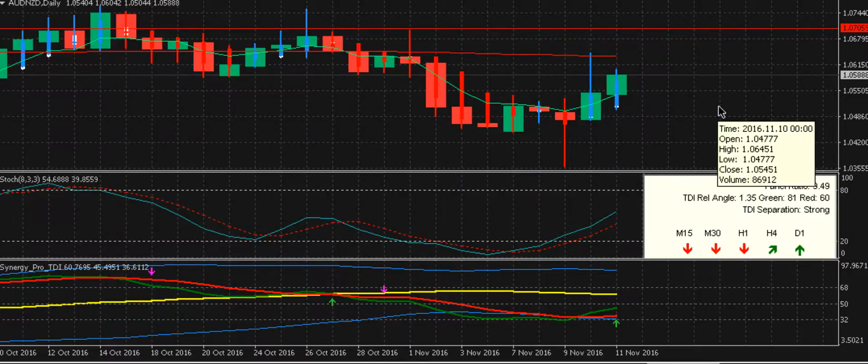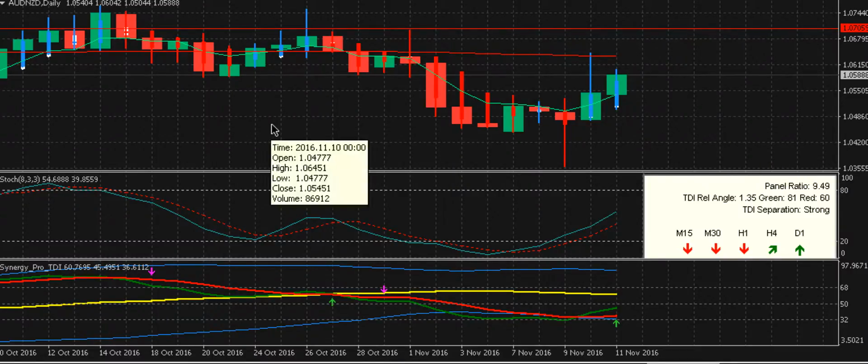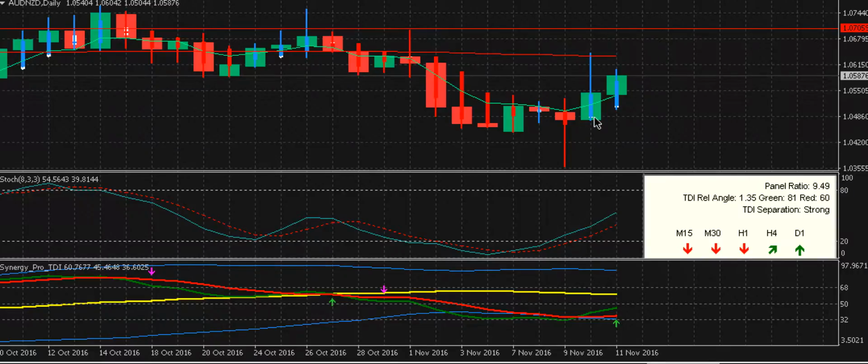The fundamental reasons make this even more compelling. The fundamental reason is that on the 9th of November, Governor Graham Wheeler of the Reserve Bank of New Zealand cut the interest rate. And that cut suddenly meant that the New Zealand dollar lost value against the Australian dollar.